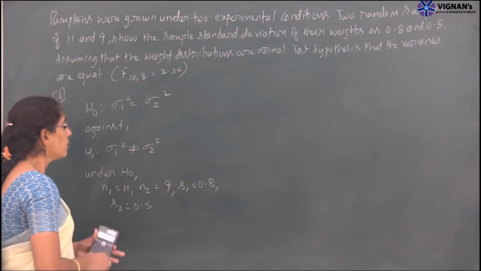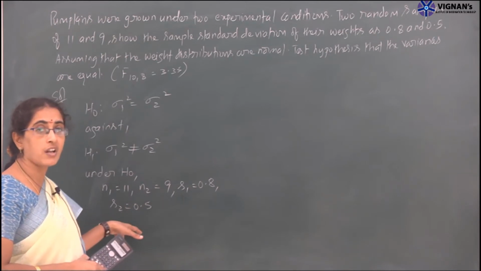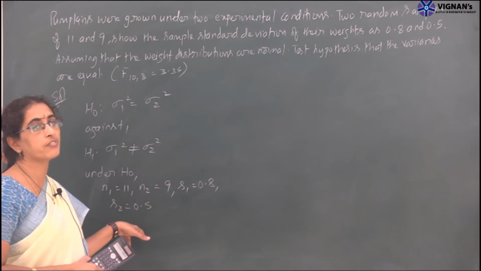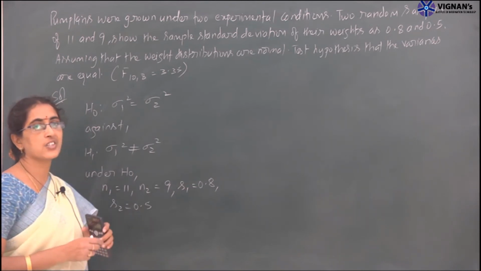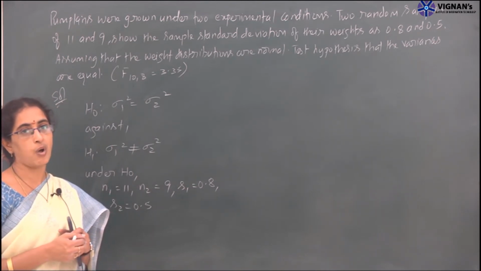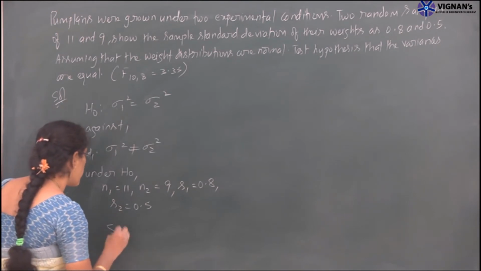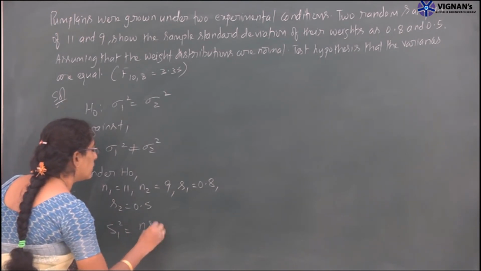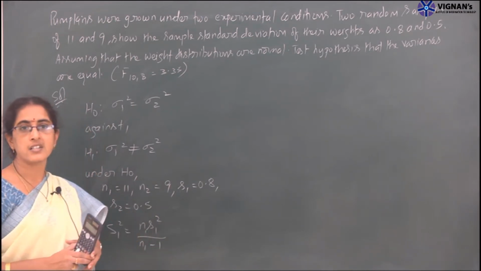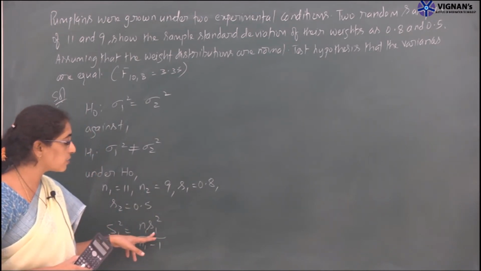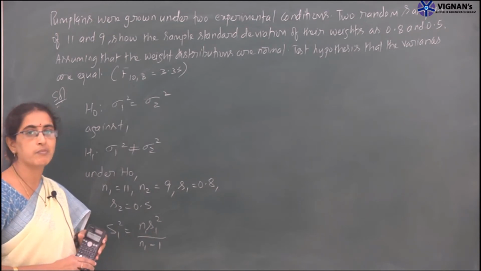Now using small s1 and small s2, we have to obtain the values of capital S1 square and capital S2 square. We have a relation between capital S1 square and small s1 square: capital S1 square equals n into small s1 square by n minus 1. Here we are considering two samples, so n1 into small s1 square by n1 minus 1.